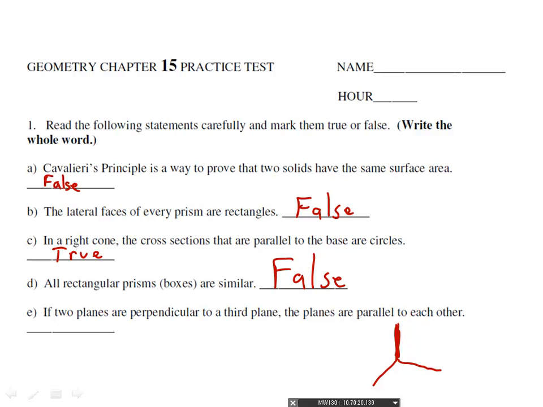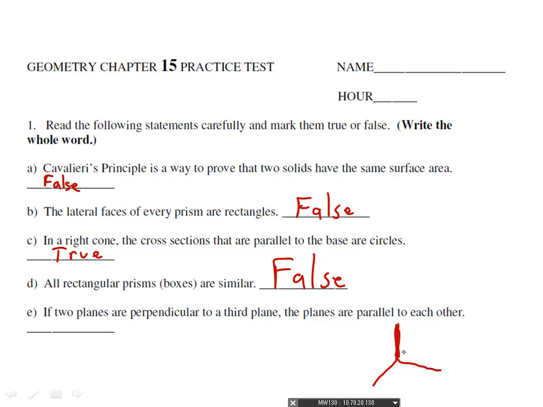Now both of those walls that intersect in the back of the room are perpendicular to each other, but they're also perpendicular to the floor, right?